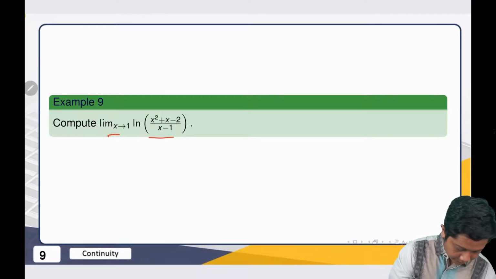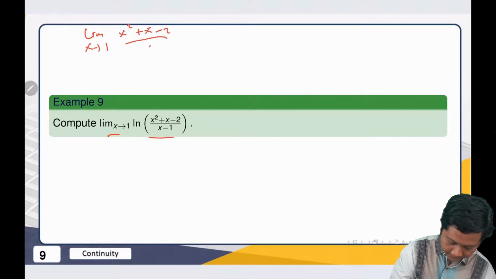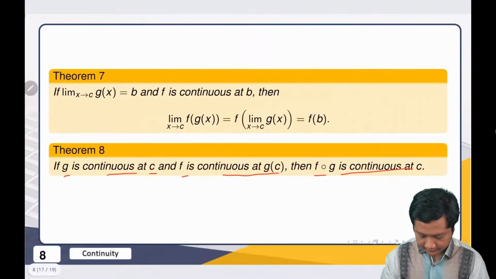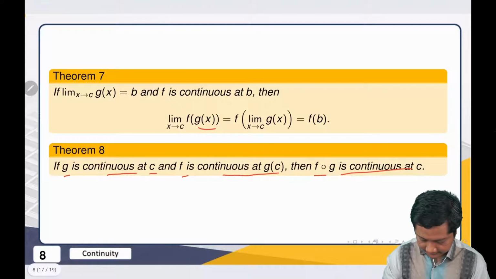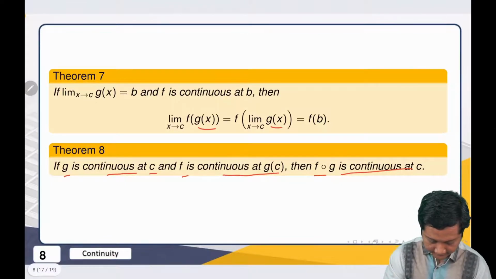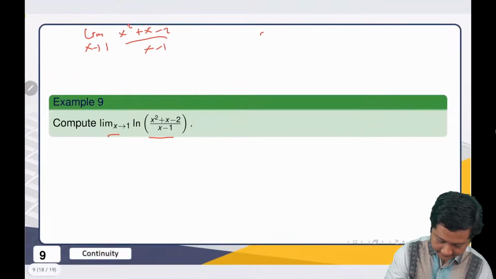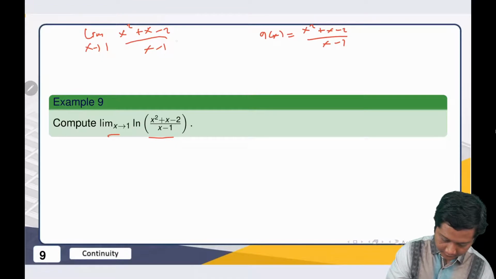First, we have to check the limit as x approaches 1 of (x squared plus x minus 2) over (x minus 1). Why? Because g(x) is our inner function: g(x) is (x squared plus x minus 2) over (x minus 1).